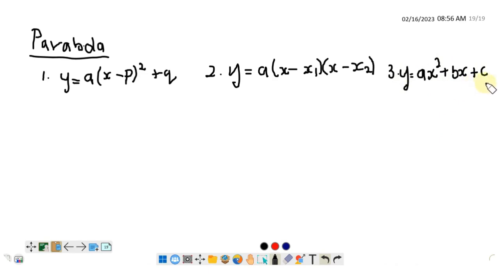We know that c is the y-intercept: when x is 0, y is c. And b will help us find the x value of the turning point. Alright, guys, so these are the 3 ways of writing the equation.